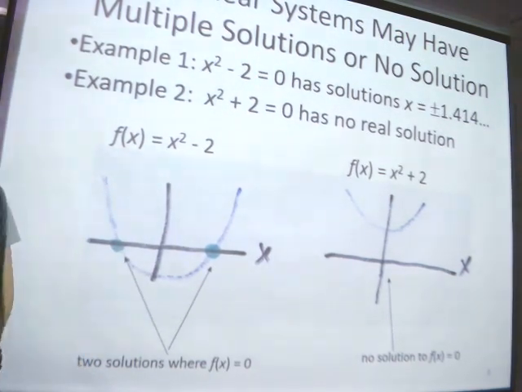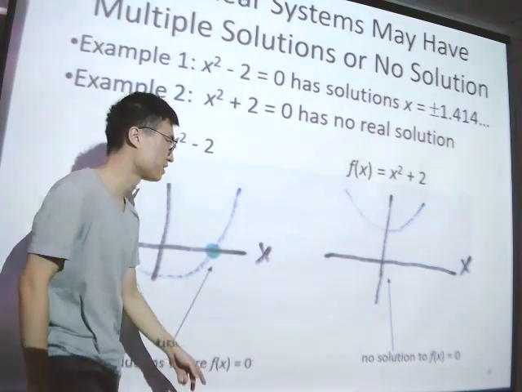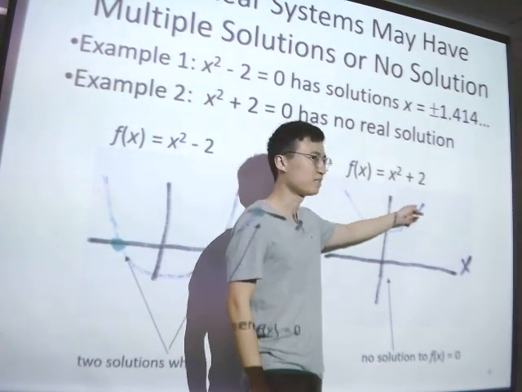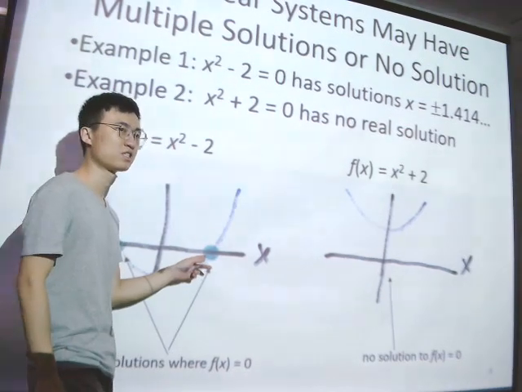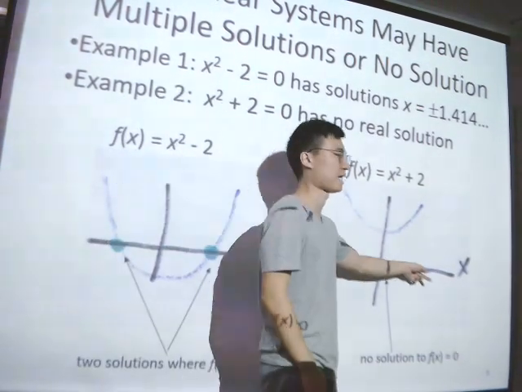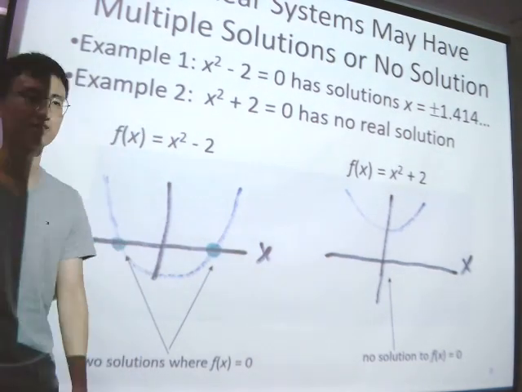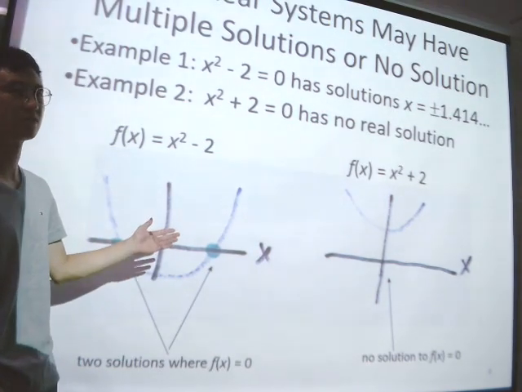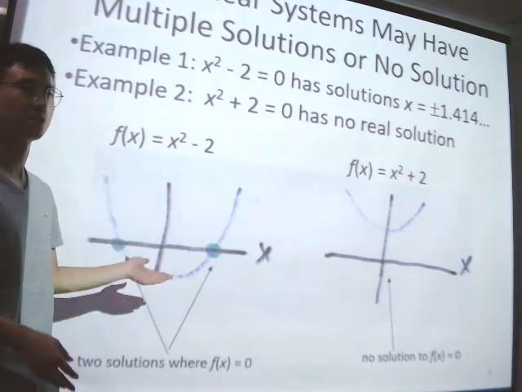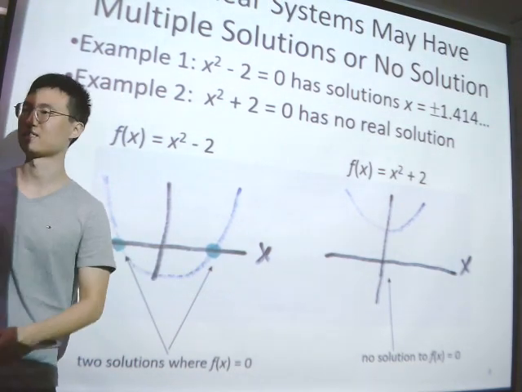But in the real world, the curve has no intersection point with the x-axis, so there is no solution. We assume we want a real solution and are not considering imaginary solutions, so we have no solutions.